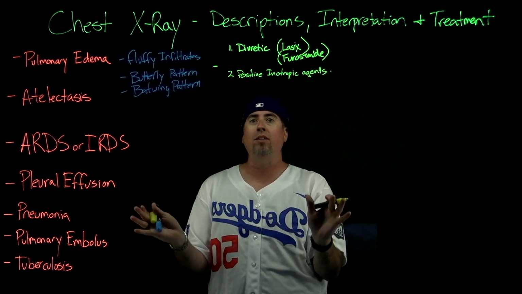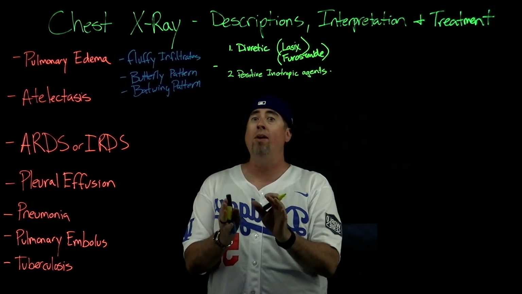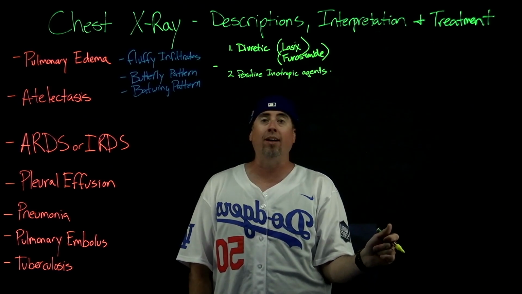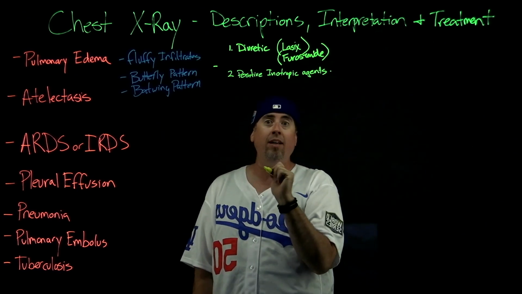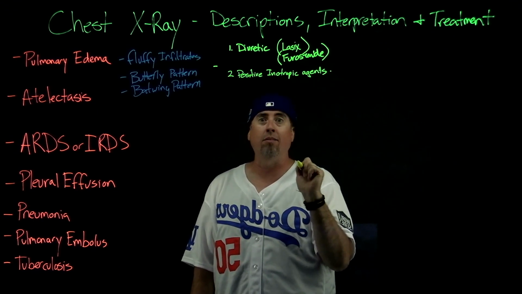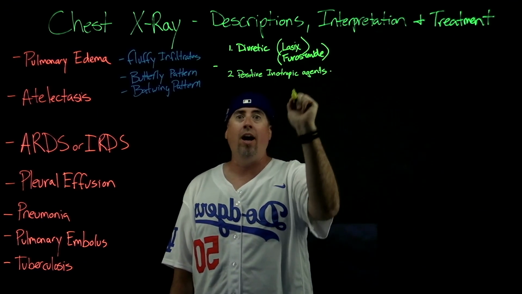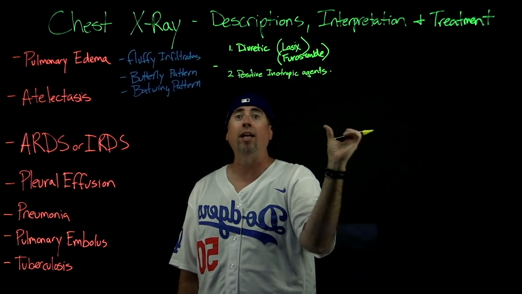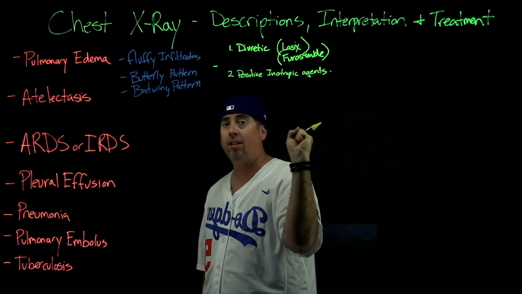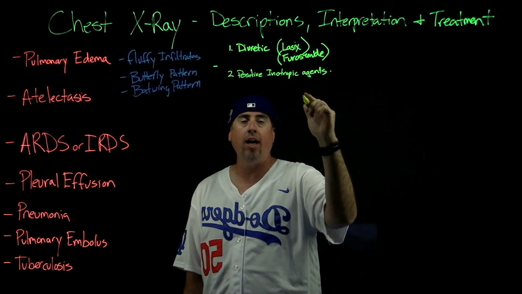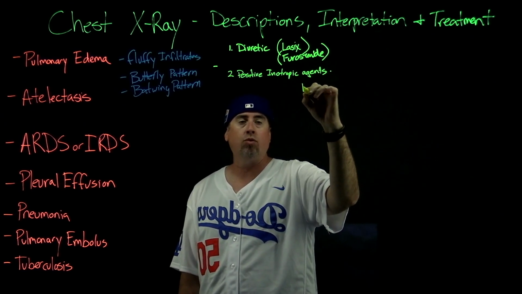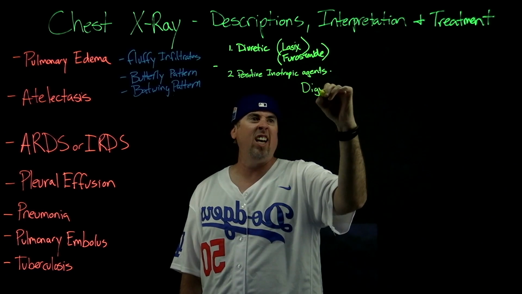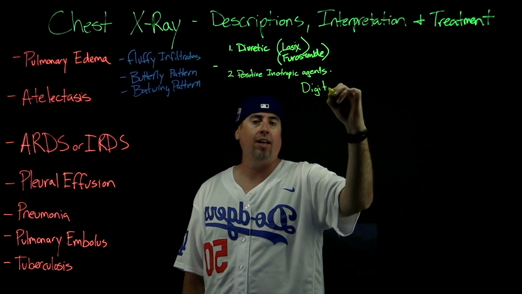If you get pulmonary edema, you should recommend a positive inotropic agent, because we want to increase the strength of that contraction. Some of those things that you could see are what they call dig, or digitalis.